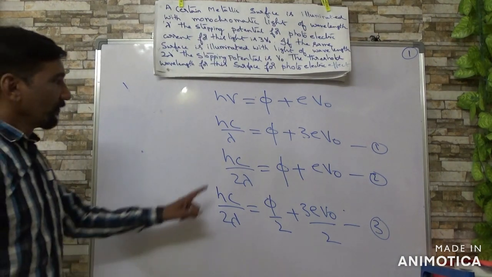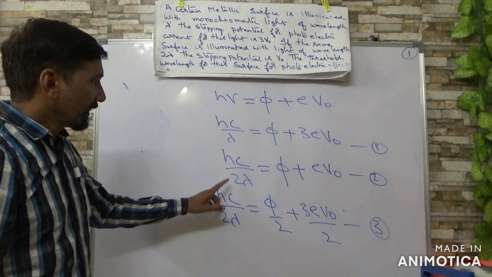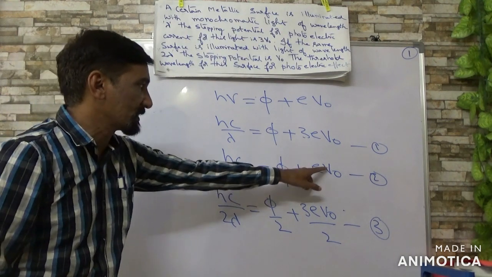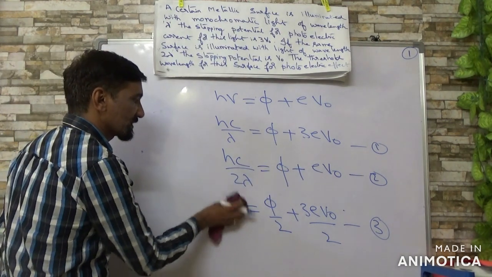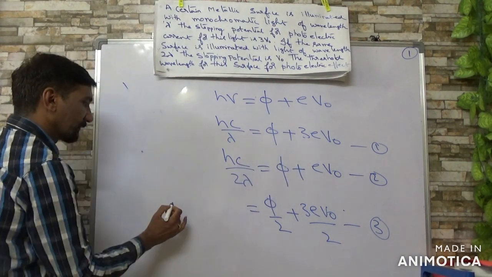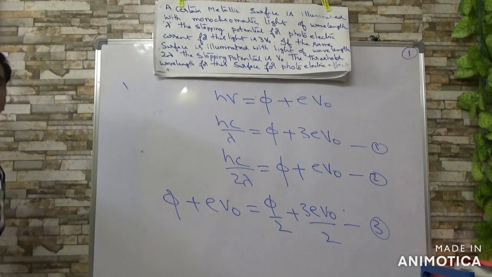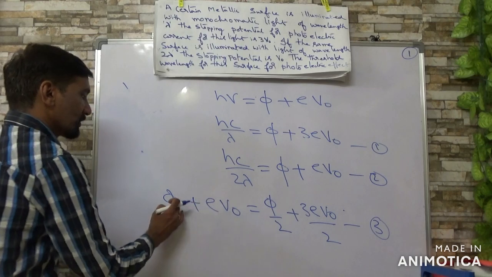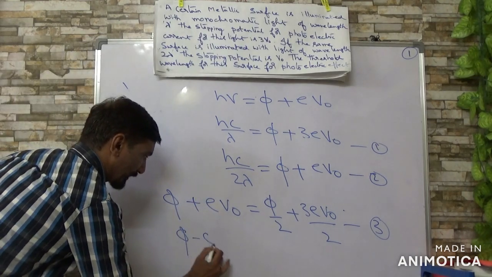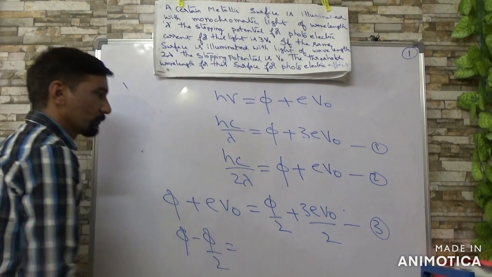Whenever you are equating, hc by 2 lambda is actually phi plus eV naught. So instead of this, you can write here phi plus eV naught. Take this to the other side, phi minus phi by 2.